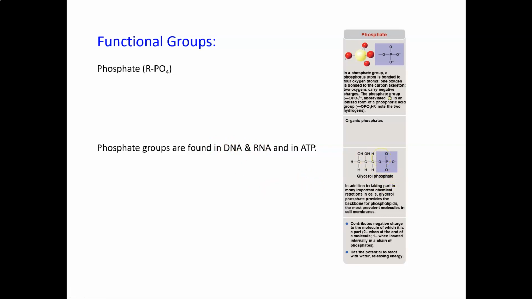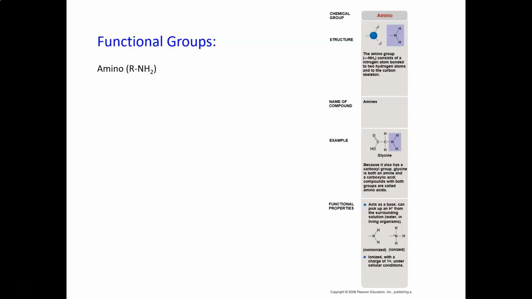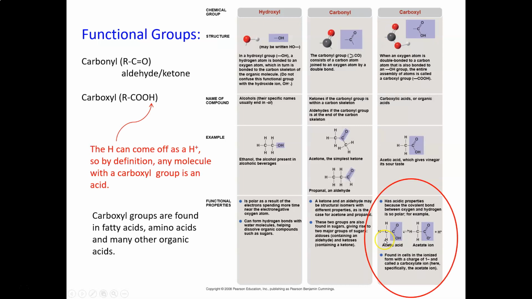As a matter of fact, let's kind of go backwards. The amino group, we said it becomes a positive charge, and so that's going to have a +1 charge. That's going to be polar. The carboxyl group is going to make an acid. We said that's going to be a -1 charge. That's going to be polar, as well as the carbonyl.